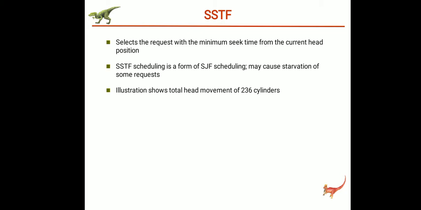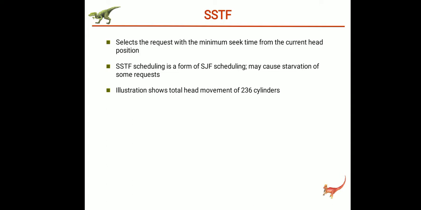So instead of going with first come first serve, it seeks the request which is very close to the current head position. SSTF selects the request with the minimum seek time from the current head position. Since seek time increases with the number of cylinders traversed by the head, SSTF chooses the pending request closest to the current head position.